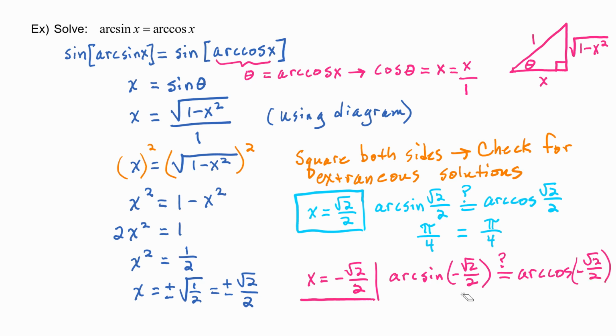The arcsine of negative rad 2 over 2 is negative pi over 4. The arc cosine of negative rad 2 over 2 is 3 pi over 4. Those two are not equal to each other, so we have to reject this solution. So the only solution here was that x is equal to radical 2 over 2.